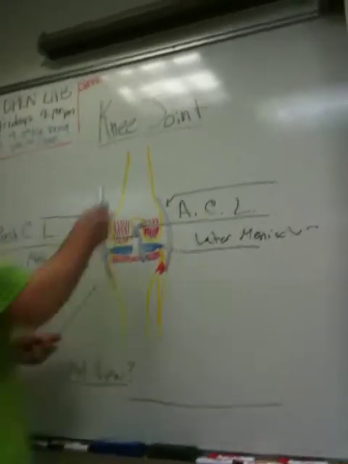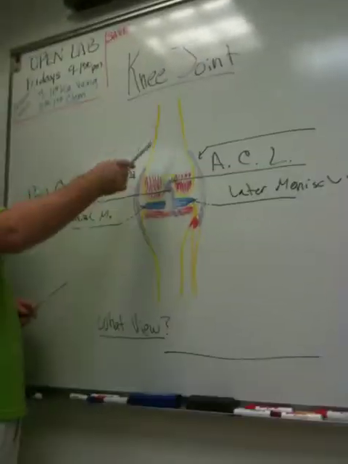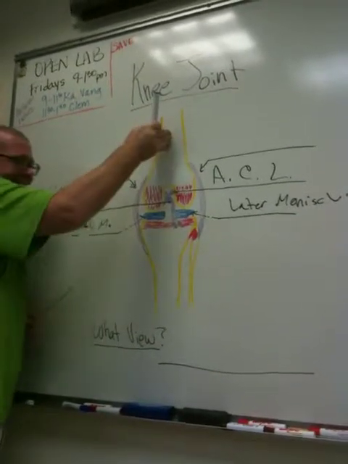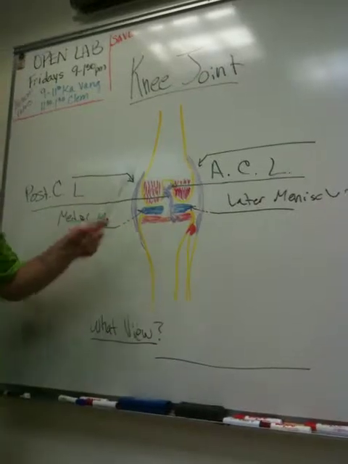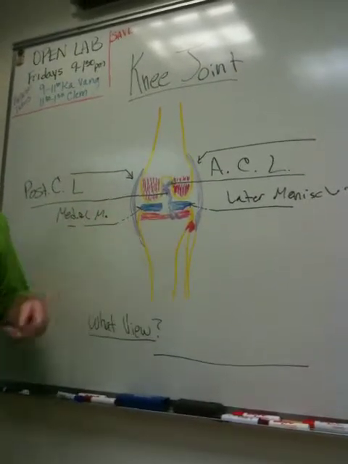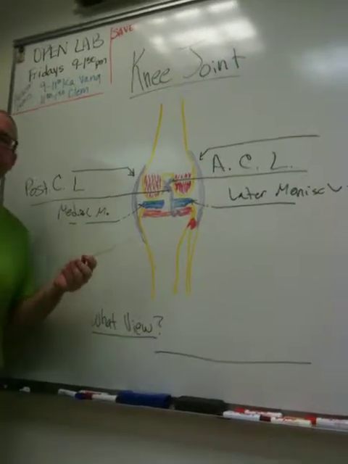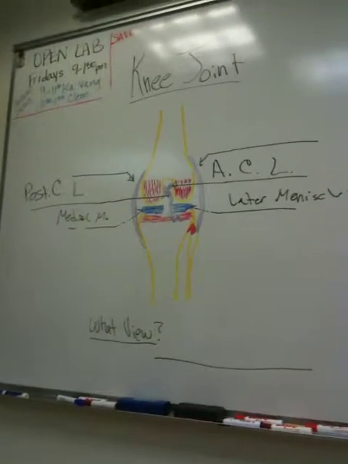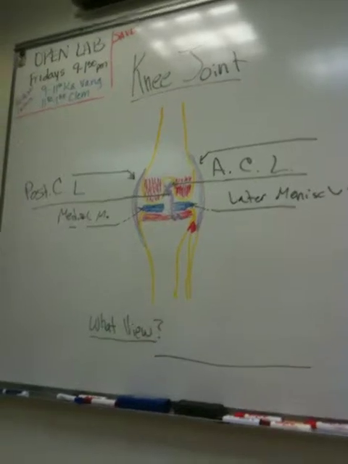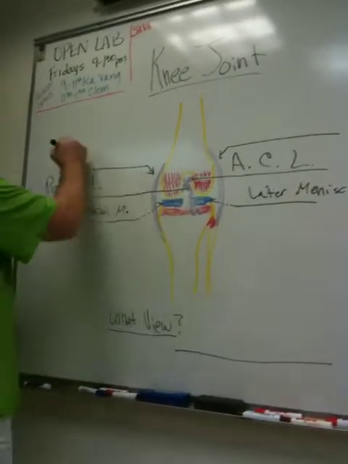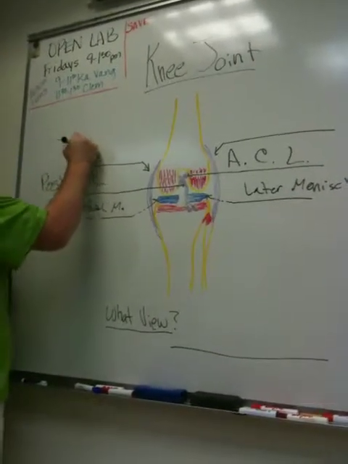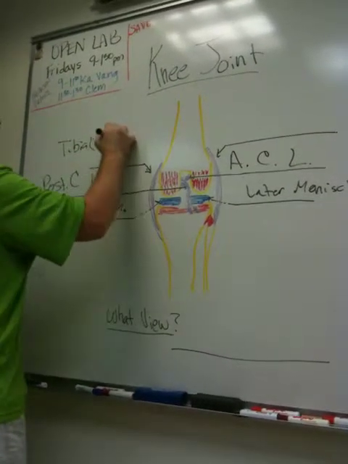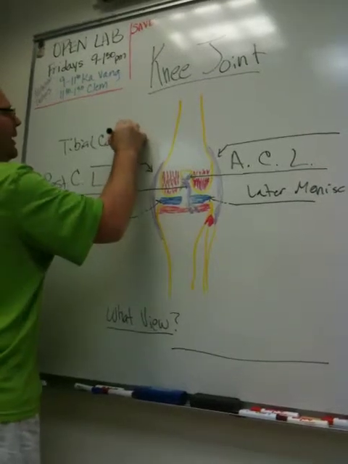So real quick, this is the knee. The knee is composed of the fibula, tibia, femur, and patella in the front. It's a synovial joint, which means it has a functional class of diarthrosis, and the type is a hinge. Ligament-wise, this is the tibial collateral ligament.